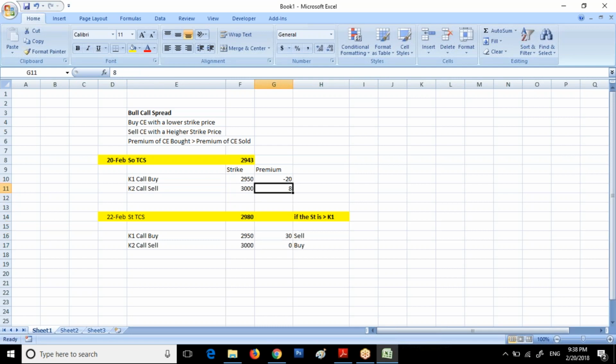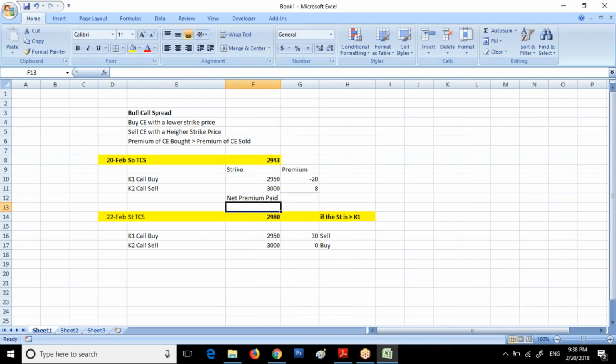So what was your difference here? What were your net expenditures? You can say net cost, the premium paid, is this plus this. So 12 rupees you paid here.